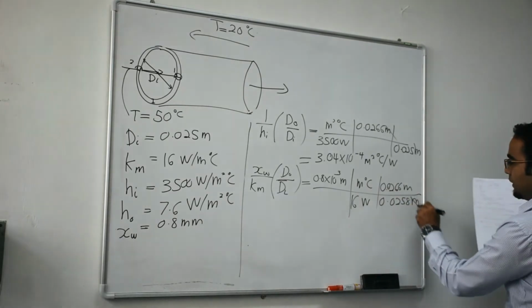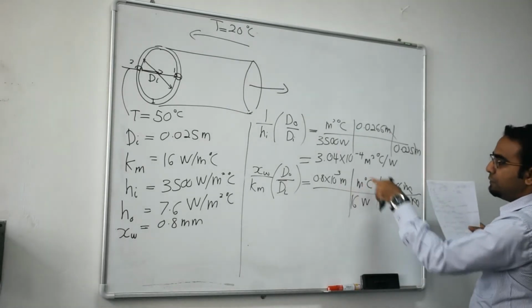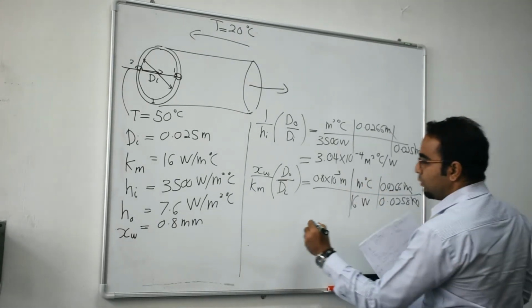So again, cancel out the units. So you'll have a unit of meter squared degree Celsius over watt.